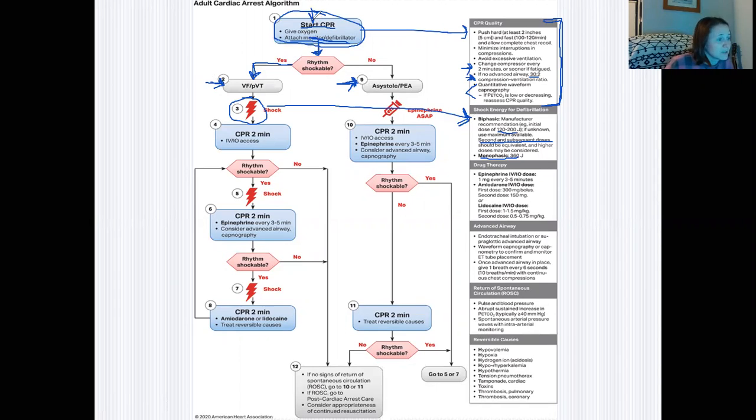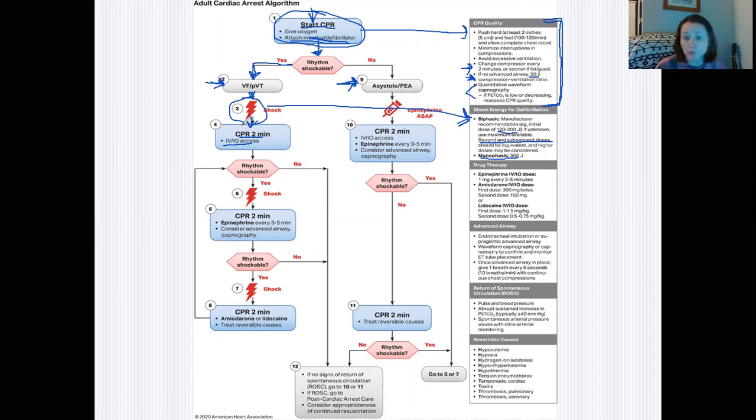All right, so let's get back over here. We started CPR. We identified that we're in VFib. We have delivered a shock. We are immediately going to go back onto the chest, immediately. Shock, then continue CPR. While we're doing CPR, we're going to check and see if we have IO or IV access.